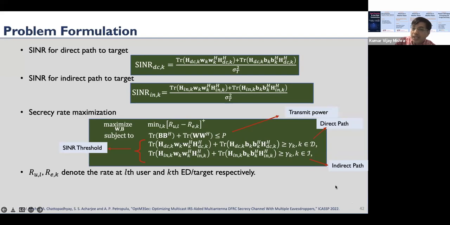We are not considering the case where both paths are available for a particular target, because if the direct path is there, our assumption is we just use the direct path, as it is the strongest. And indirect is only used when direct is not available. So we have those two constraints, and then the first constraint, which is that it should be below a certain power so that the eavesdropper is not able to intercept everything in this joint waveform.